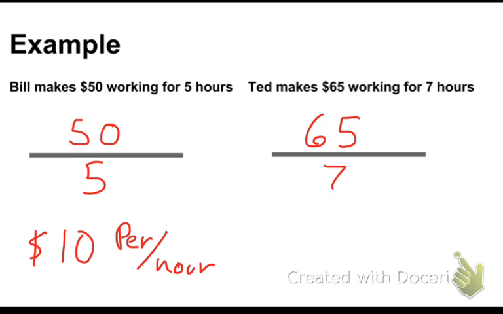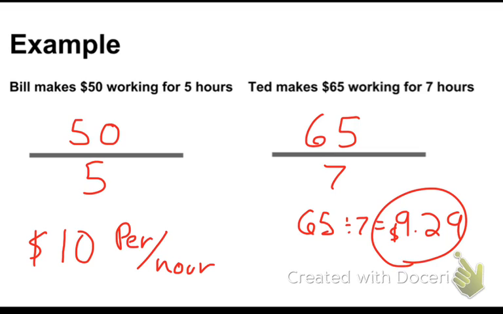And if I do the same thing with 65, I don't know if it's going to come along very evenly, but we do 65 divided by 7, and we end up getting about 9.29, or $9.29 an hour.